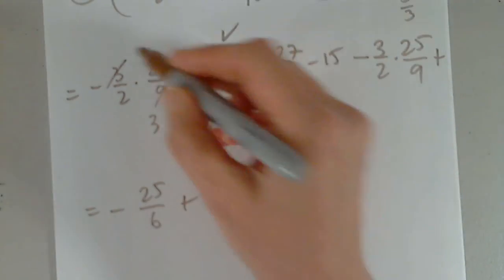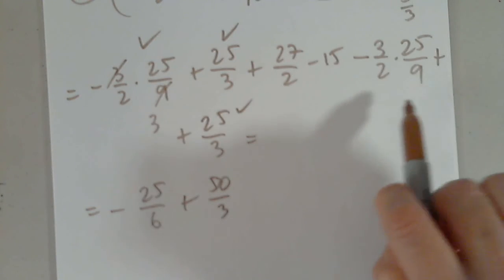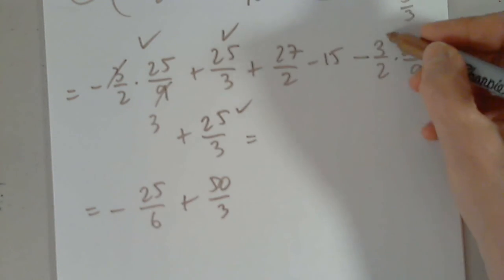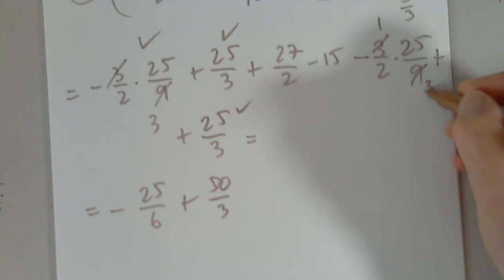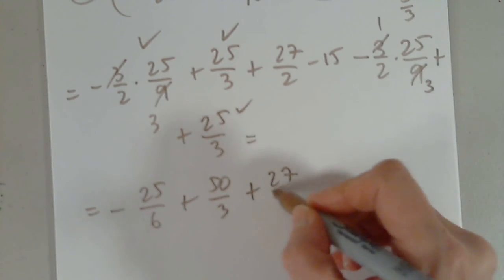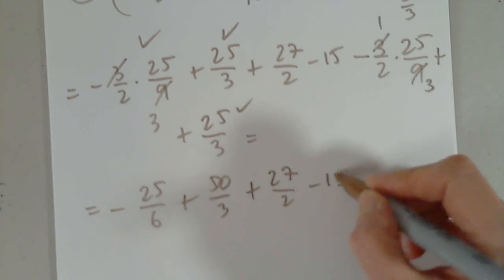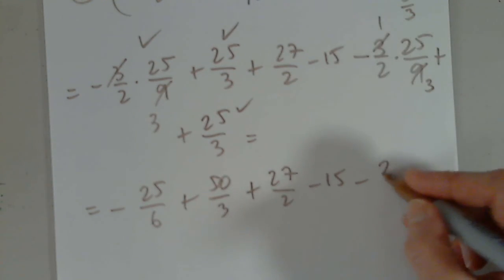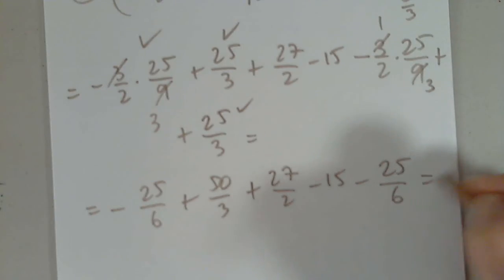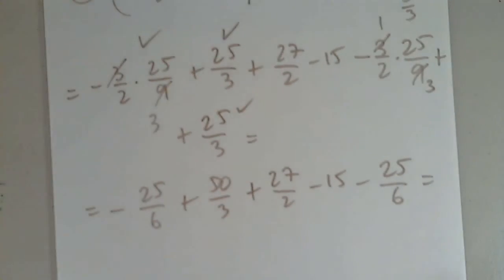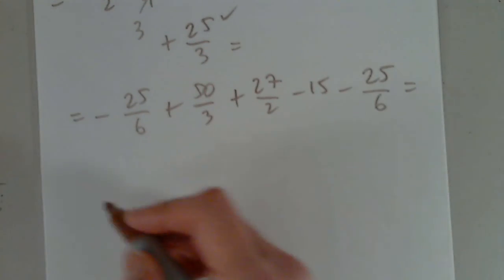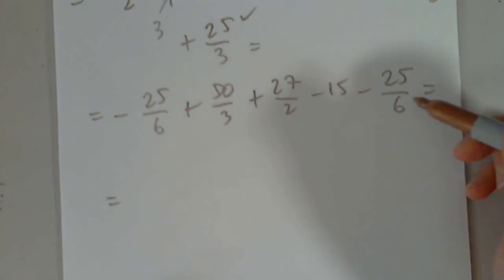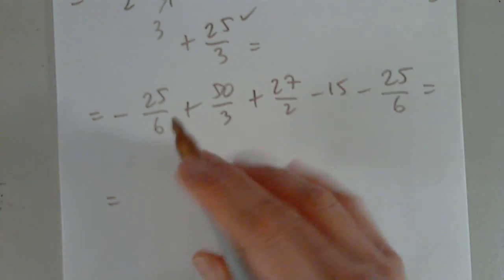So these are all accounted for. Now here, 27/2 minus 15. And what do I have here? It's minus 25/6. Okay, let's see. This with this, right?